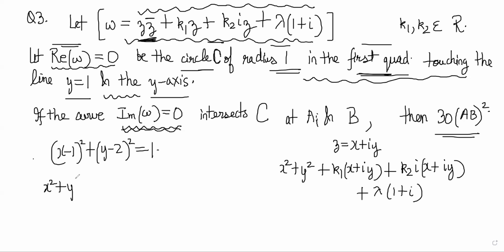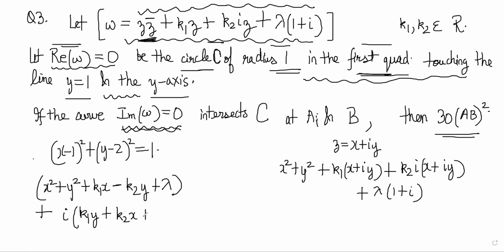So x square plus y square, you will get a k1x here, and you will get a I square k2y, so minus k2y here, and you will get a plus lambda here, plus I times, then you will get k1y, and here you will get k2x plus lambda here, right? This is my complex number if you understand what I'm doing.